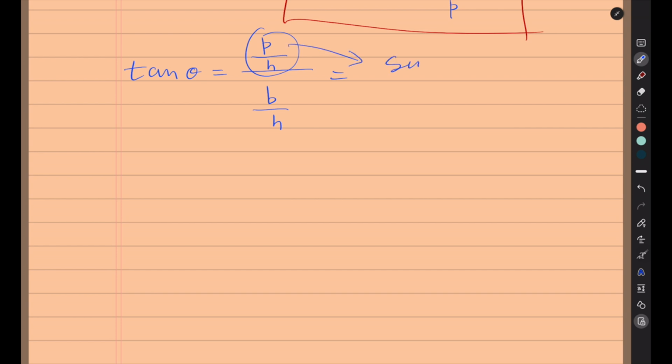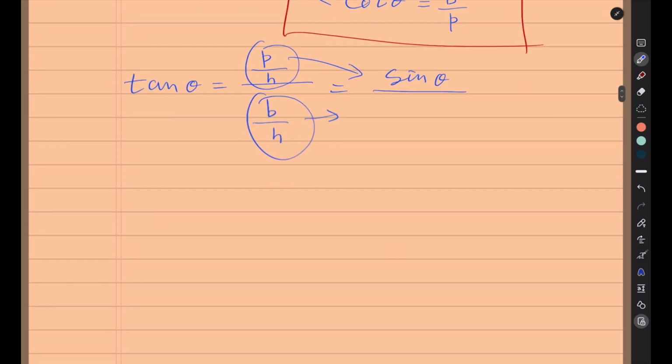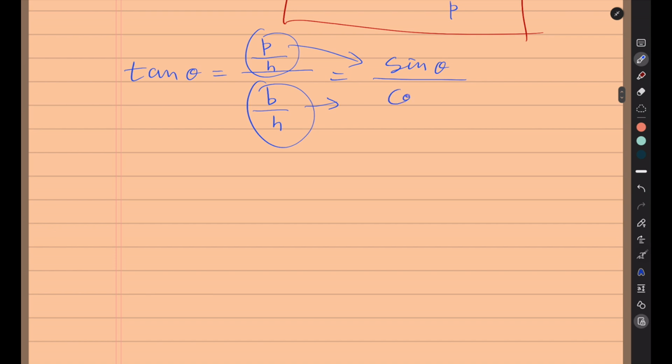This ratio becomes sine theta. And then what does this ratio become? You can see this is cos theta. So basically we have a simple relation between all these trigonometrical ratios.